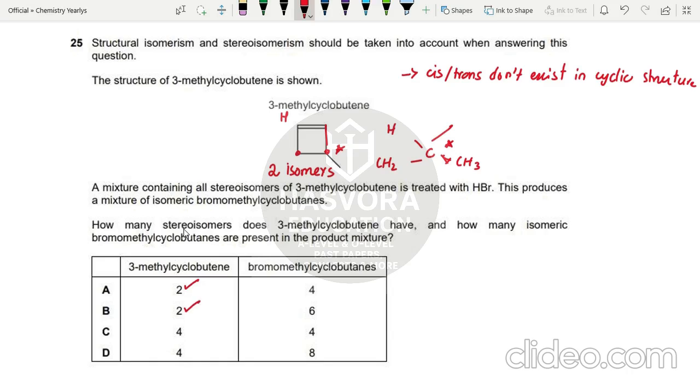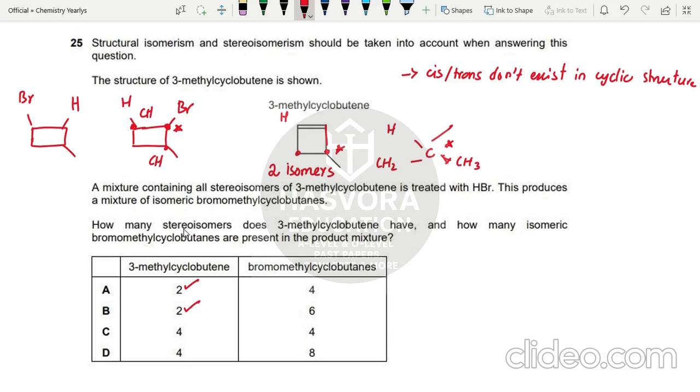Now it is reacting with HBr. If we react this structure with HBr, HBr can either bond on this side, or it can be like this. Now if the HBr is bonded here, it will also form a chiral carbon, because it has the bromine here, the CH here, and there will also be a CH here.